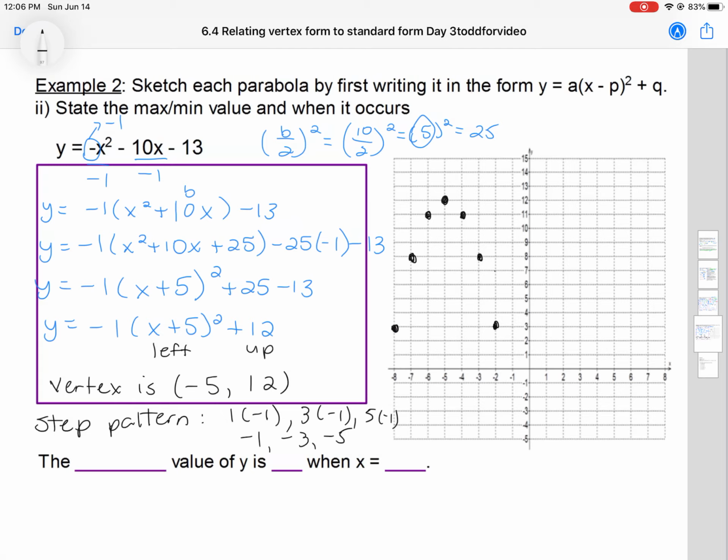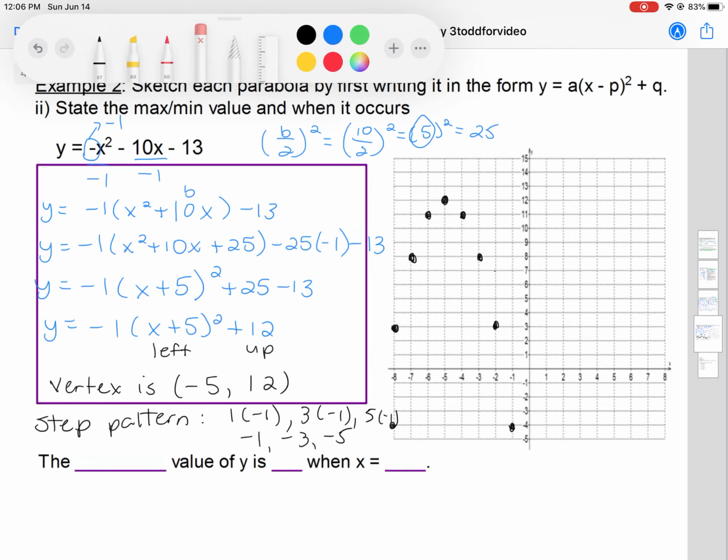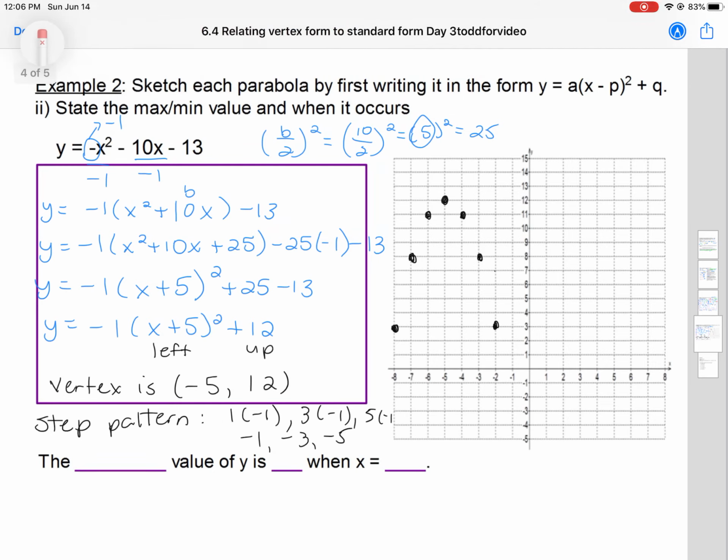Can we do any more? Over 1, down 1, 2, 3, whoops. 1, 2, 3, 4, 5, 6. Oh, we can even do 7. Oh, not on that side. Never mind. 7 is too much as usual.